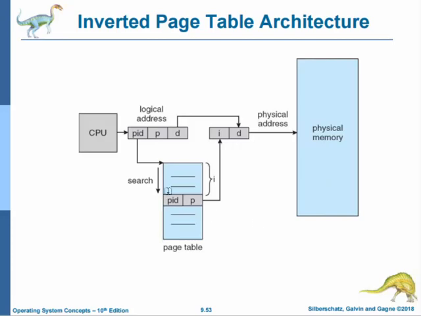However, in this case, we will notice that inverted page tables require an address space identifier, or the PID, which is stored in the page table. Since the table usually contains several different address space mappings to physical memory, storing the address space identifier ensures that the logical page for a particular process is mapped to the corresponding physical page frame. Alright?